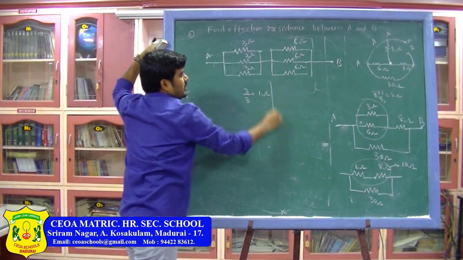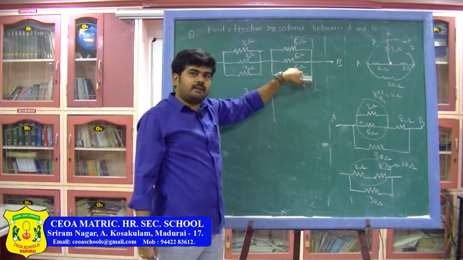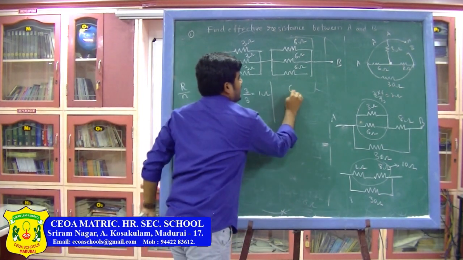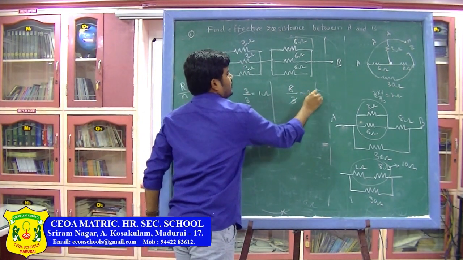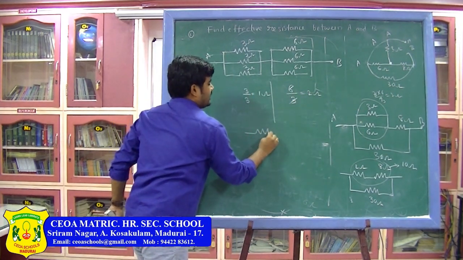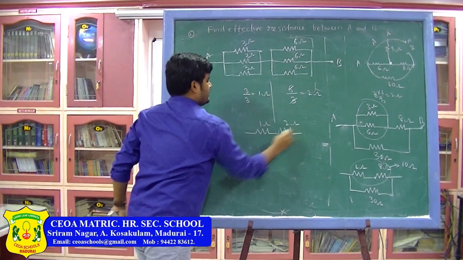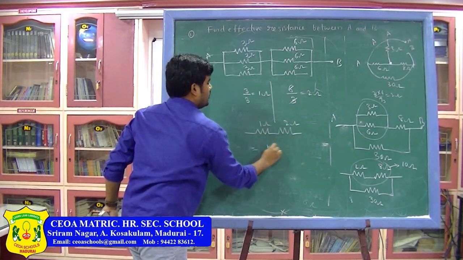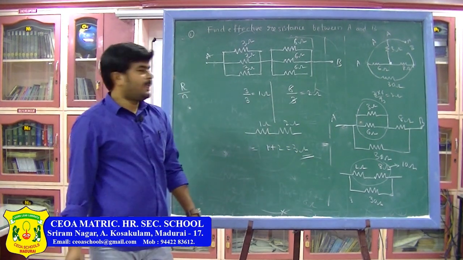This part is over. Next, on the right hand side there are three 6 ohm resistors connected in parallel once again. So value of one resistor divided by number of resistors, 6 by 3, so you will get 2 ohm. Now this side 1 ohm, this side 2 ohm, which are connected in series, therefore the equivalent value is 1 plus 2, that is equal to 3 ohm. So this is how I can simplify.